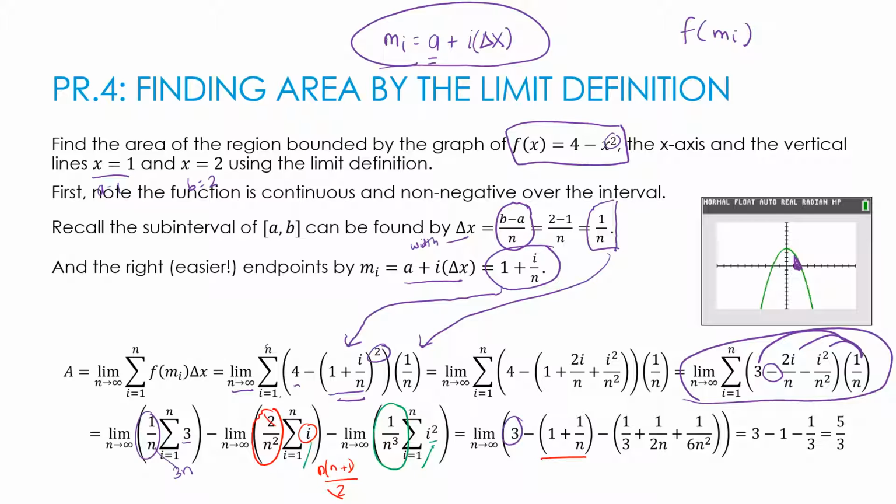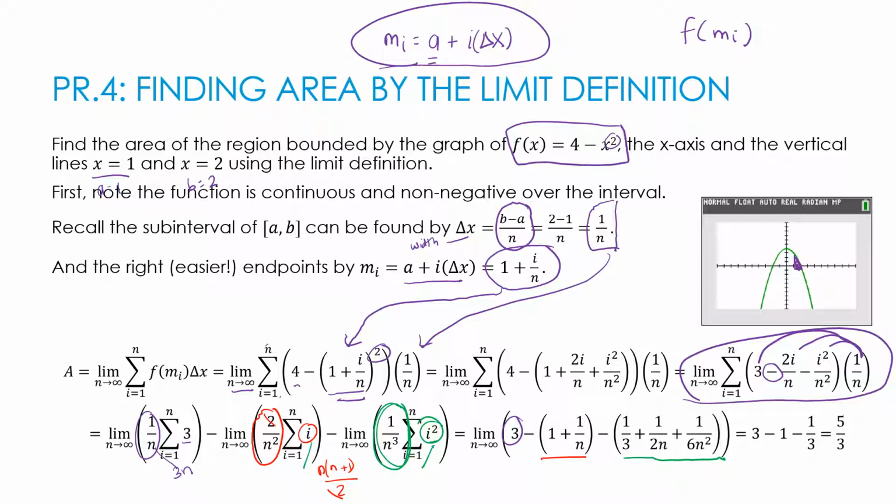And then of course I took the formula for the summation of i squared, multiplied by 1 over n cubed, and came up with this. Then from here, notice I was able to drop all of the summation signs because that's what those formulas did, is give me the formula instead of the summation.